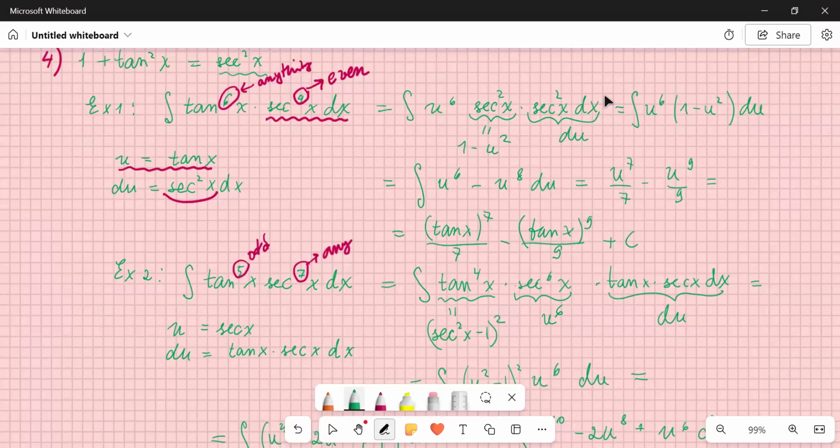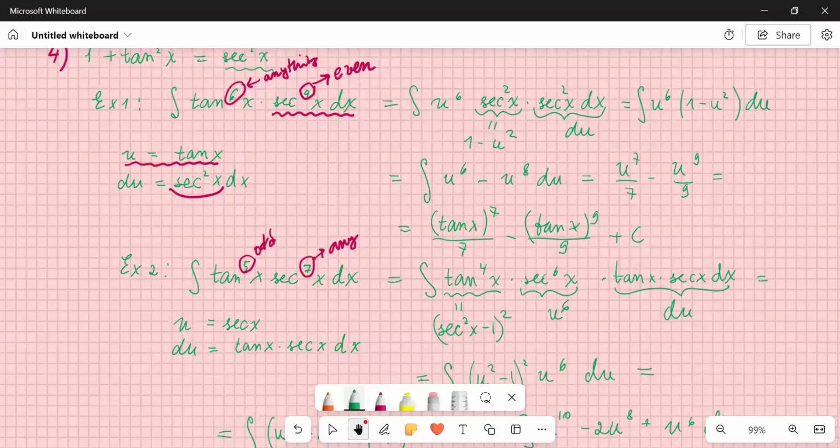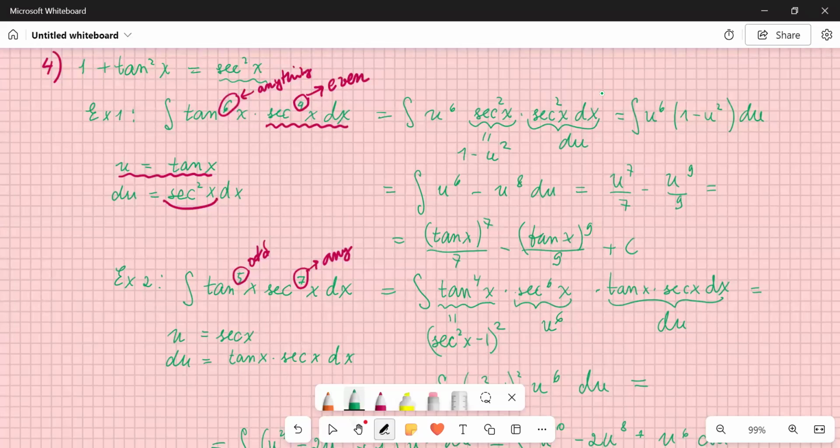Now guys, there are some cases which don't fit into these two cases. For sine and cosine, we always have a case where one power is even, or both powers are odd, or both are even, and two even powers will be converted using a reduction formula. For tangent and secant, unfortunately, we don't have a formula or substitution which covers all cases.